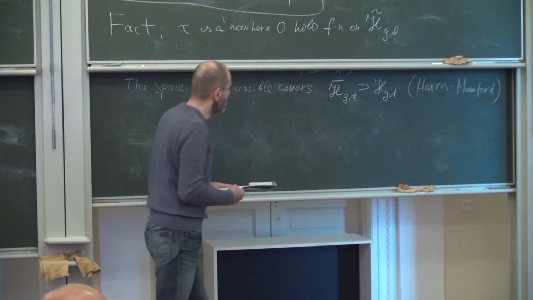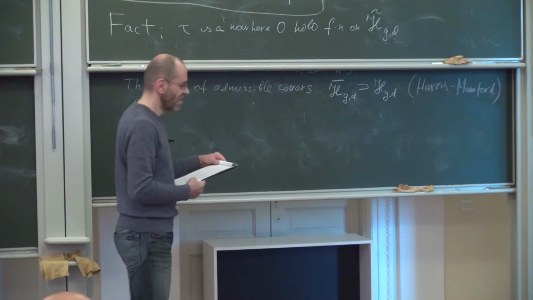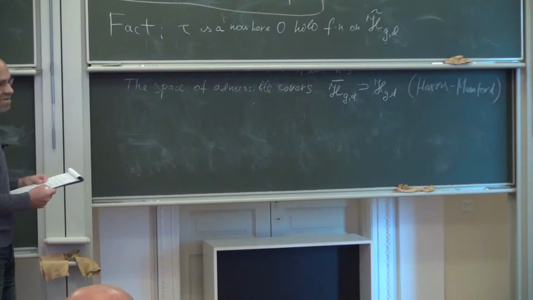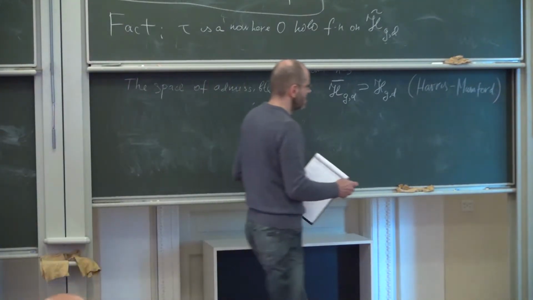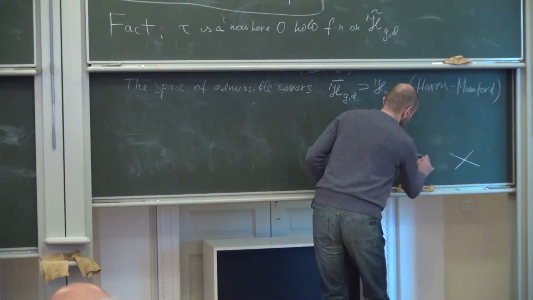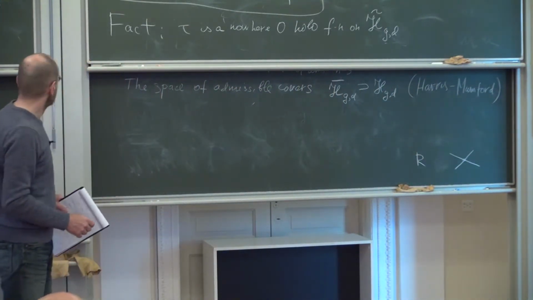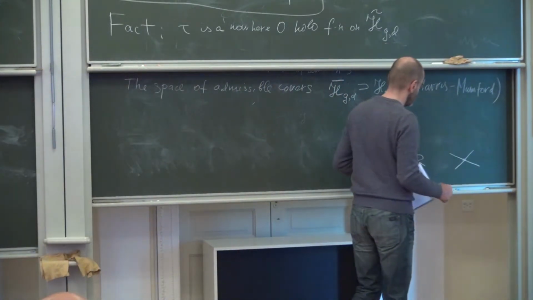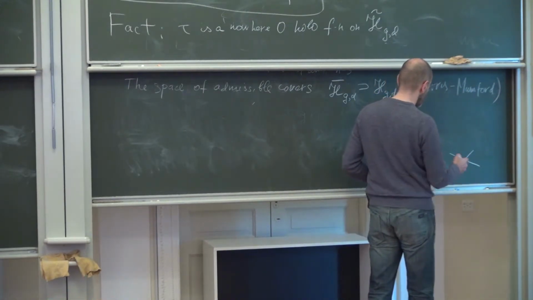We will be interested only in divisors here in the space of admissible covers. So for us it will be sufficient to consider the base consisting of two rational curves intersecting at one point. So that's the rational curve that is the base, and there is a branched cover over it.